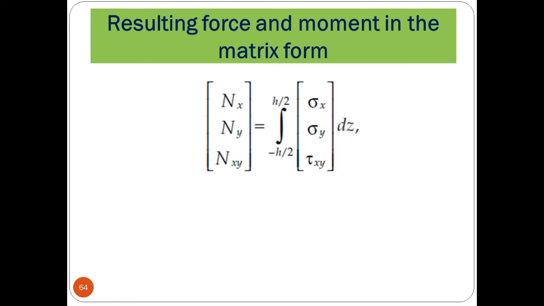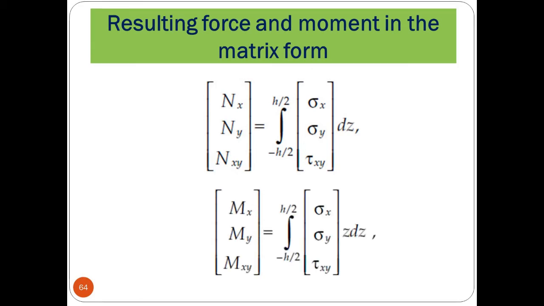Nx, Ny, Nxy equals the integral from minus h by 2 to h by 2 of sigma x, sigma y, and tau xy dz. And similarly, the moment equation can be transformed into the matrix Mx, My, Mxy, and this would be multiplied by z dz.